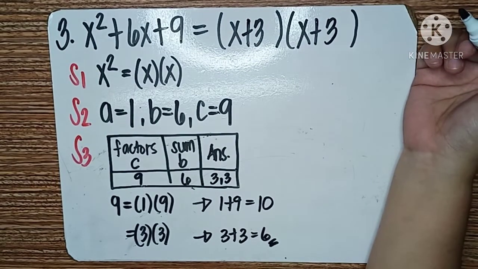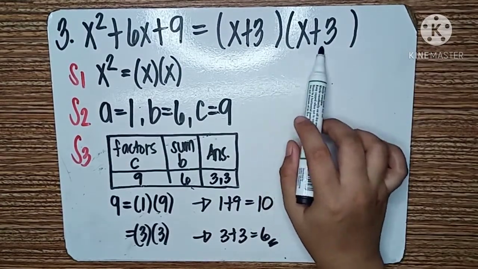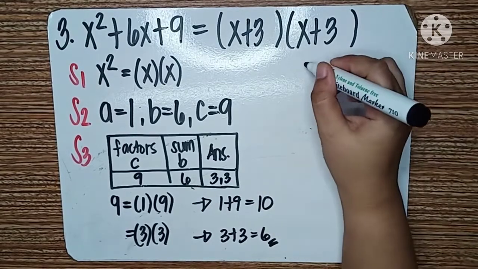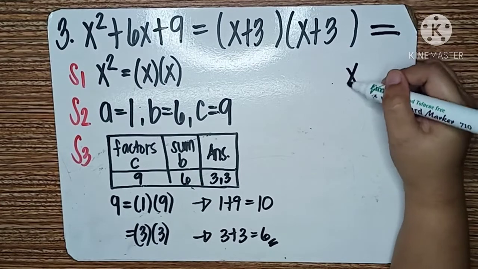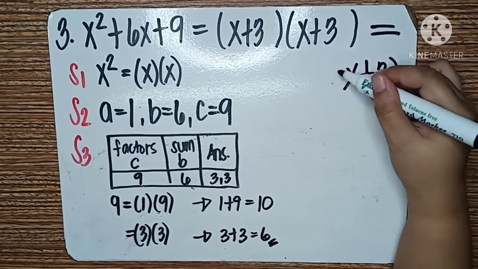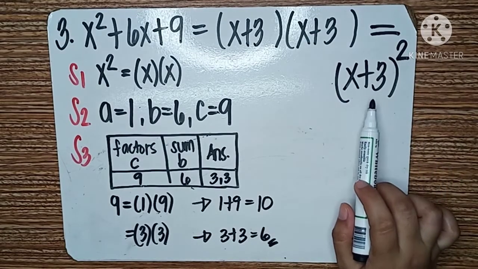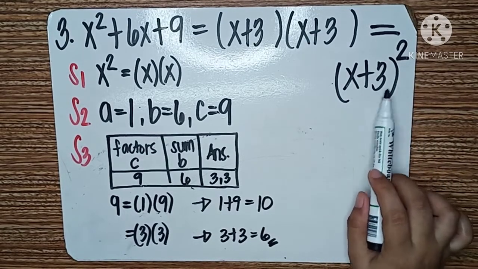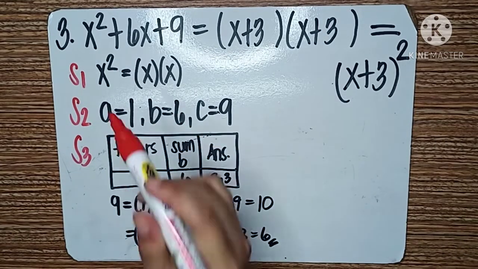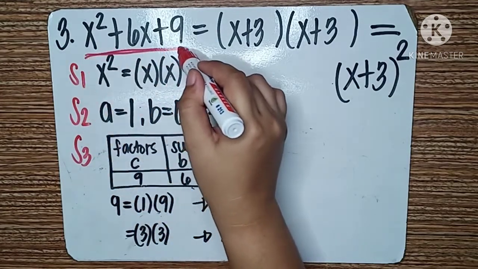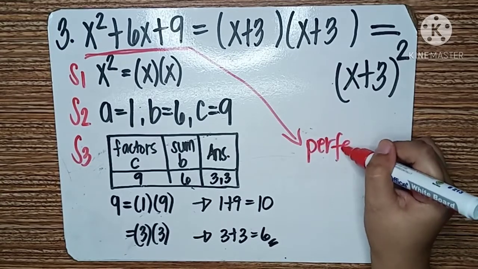What have you observed? The two factors are exactly the same. Therefore, we can rewrite it as, sulat ko na lang sa baba, the square of x plus 3. And if your factors is a square of a binomial, like this one, a square of x plus 3, the given quadratic trinomial is what we call a perfect square trinomial.